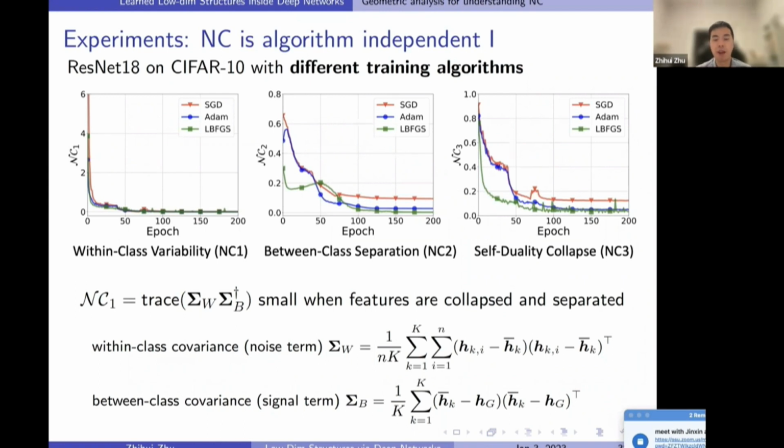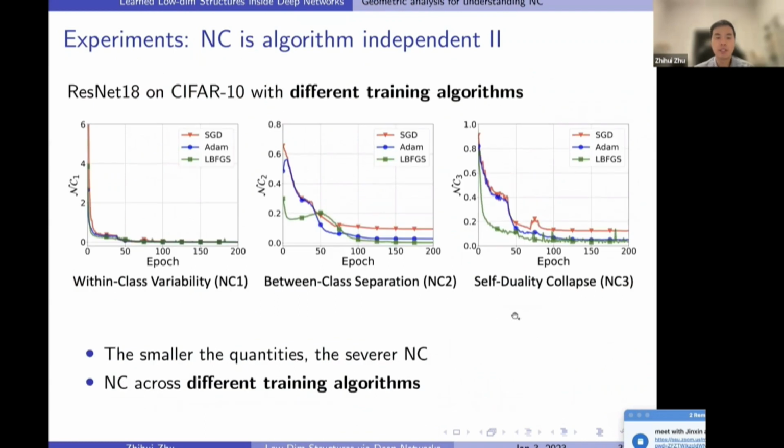The between class covariance matrix captures how separated the class mean features are. If they are well separated, then this between class covariance tends to be large, even though it is a matrix. Therefore, this NC1 captures how the features are collapsed and separated. If it is small, it means the features are well collapsed and well separated.